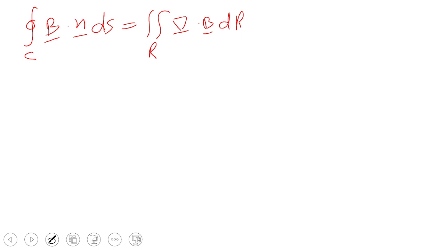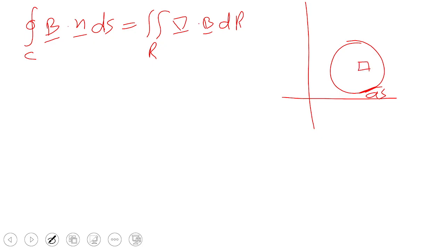So, what physically it says, we have a closed region in the xy plane, and ds is the increment of this region, and dr is dx and dy. So, dr is an areal increment.